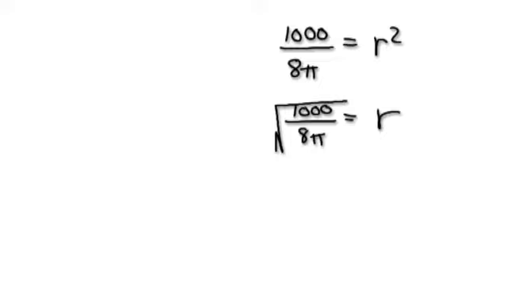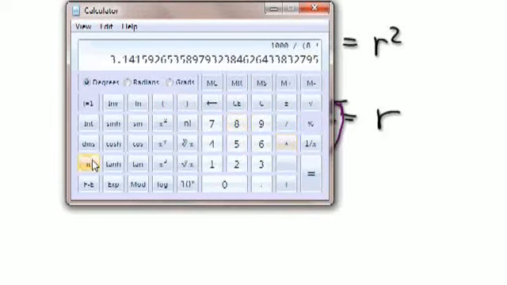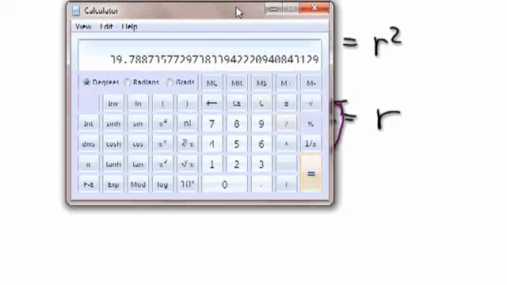So now jump to our calculator. Let's work out this bubble first here. Okay. So it would be, hang on, let me clear this. 1000 divided by bracket 8 times pi close bracket equals this.